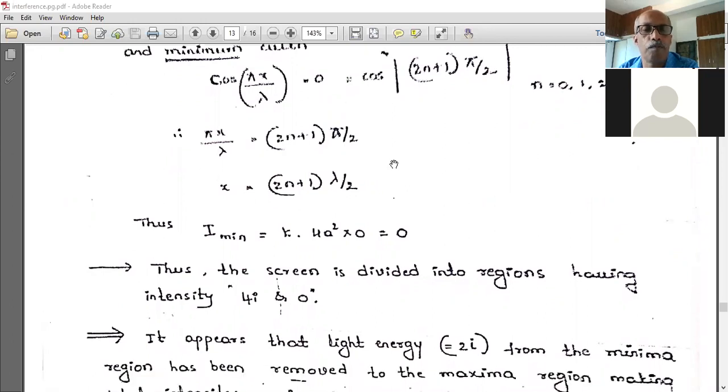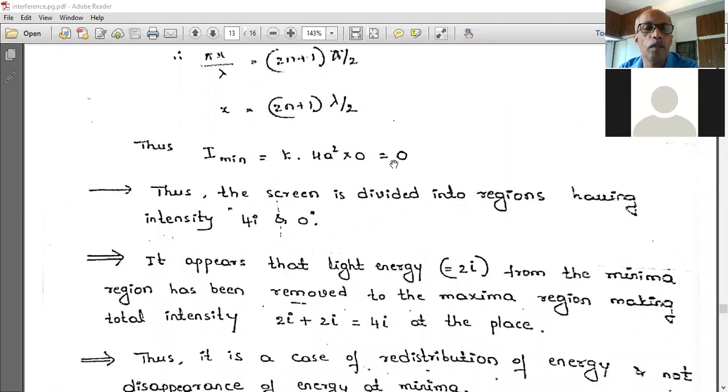Now, if the path difference between two interfering waves is an odd multiple of half wavelength, then the point of intersection of those two waves will result in a minimum, or destructive interference.